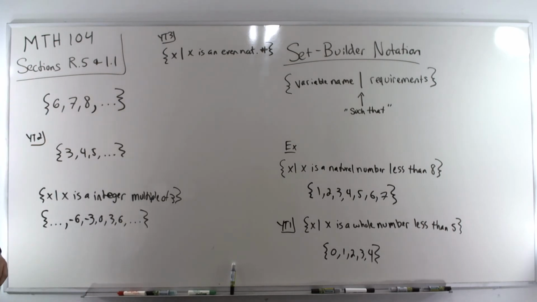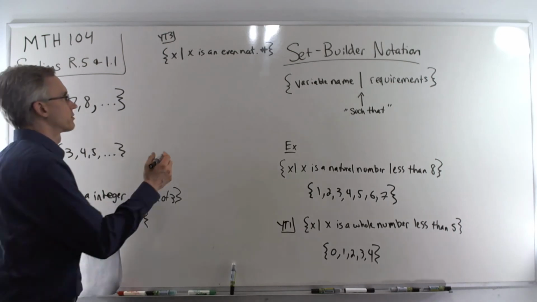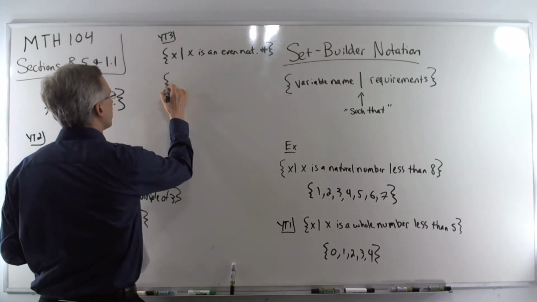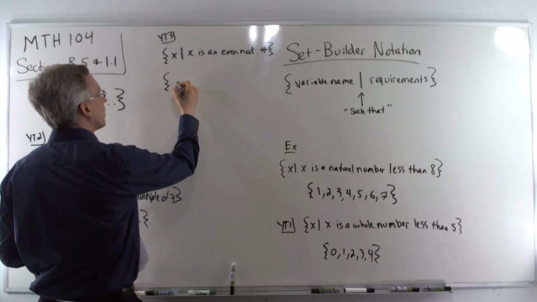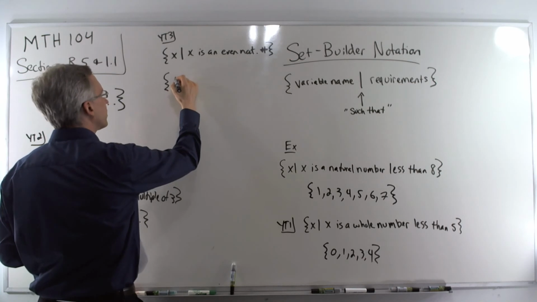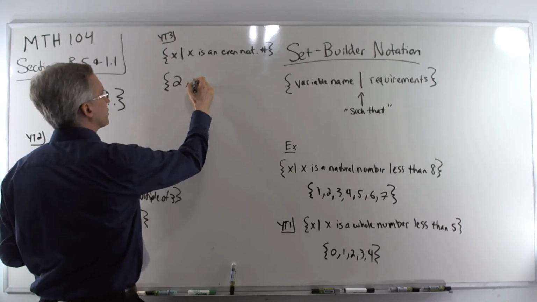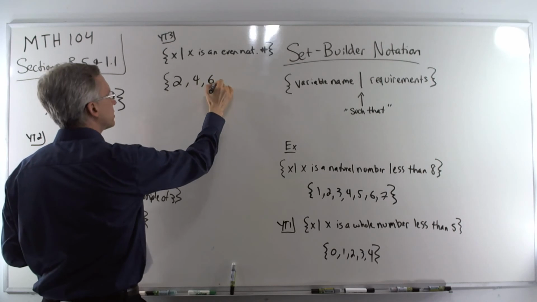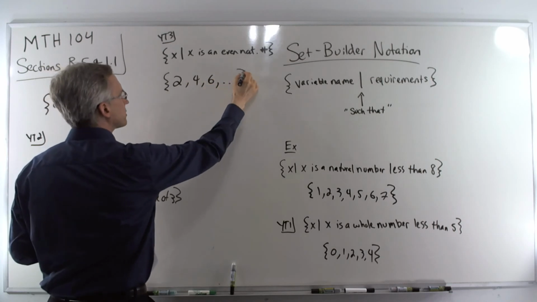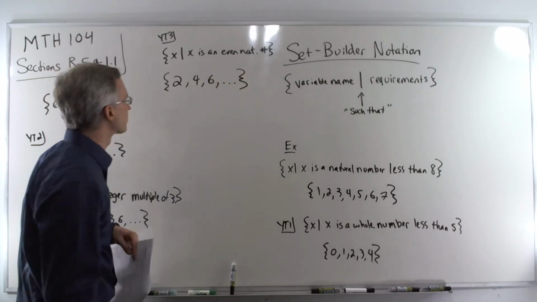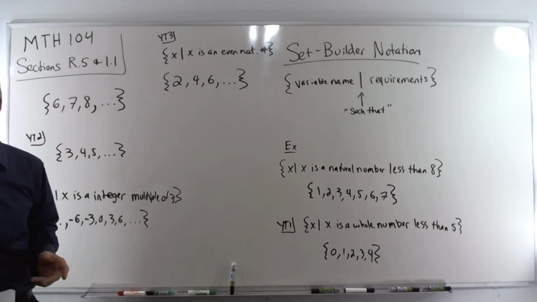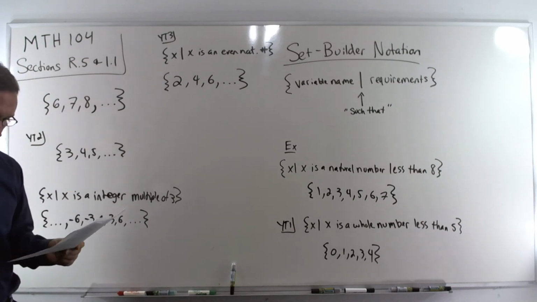So the natural numbers start with 1. Remember, the whole numbers start with 0, but the natural numbers start with 1. Now we want the even numbers, so the smallest even number greater than 1 is 2. We want just evens, so we're going to count by 2s. Natural numbers go infinitely to the right, so we'll need those ellipses to indicate that the pattern continues forever to the right.